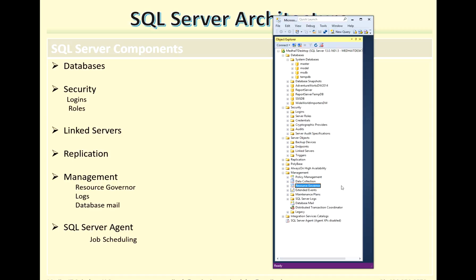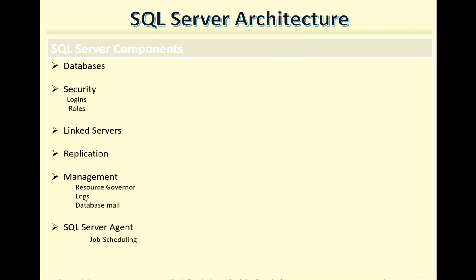Resource governor understands what kind of resources we need to perform a certain activity, and depending on that it allocates the resources. In this area you can also set the resources you need. You can set the resource pool, and configure it saying that I need so and so resources to perform so and so activity. Again, that is an administrative activity. I just wanted to bring it up here.